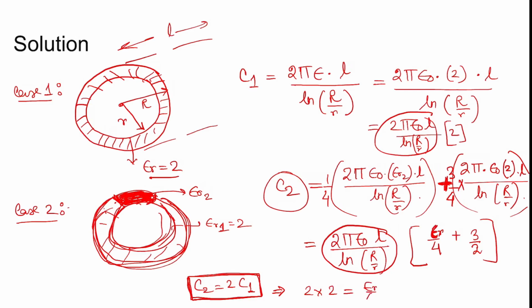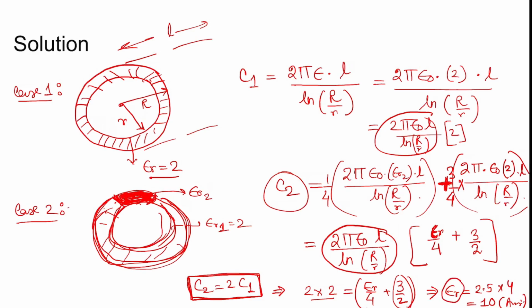After cancelling this common part, it will be epsilon r2 by 4 plus 3/2 equals 4. So 2 into 2 is 4 and 3/2 is 1.5, so 4 minus 1.5 is 2.5, and multiplied by 4 gives the value of epsilon r2. So epsilon r2 is 2.5 into 4 equal to 10. So this will be the final answer of our question.